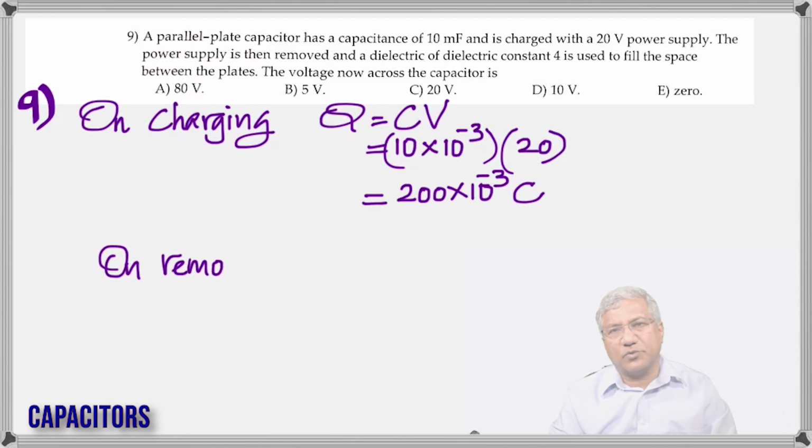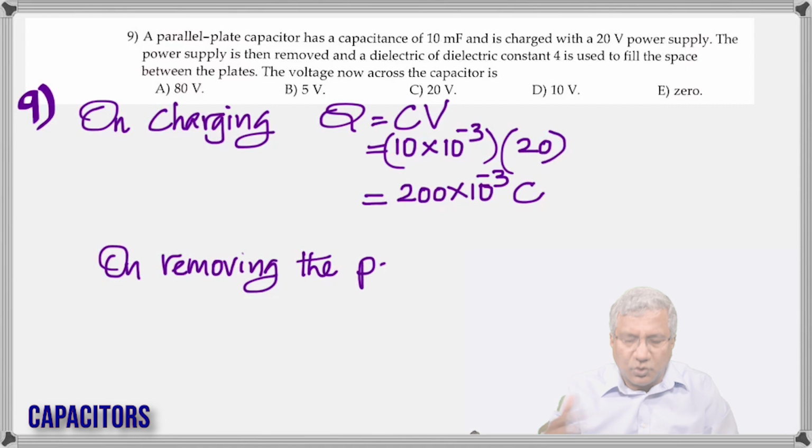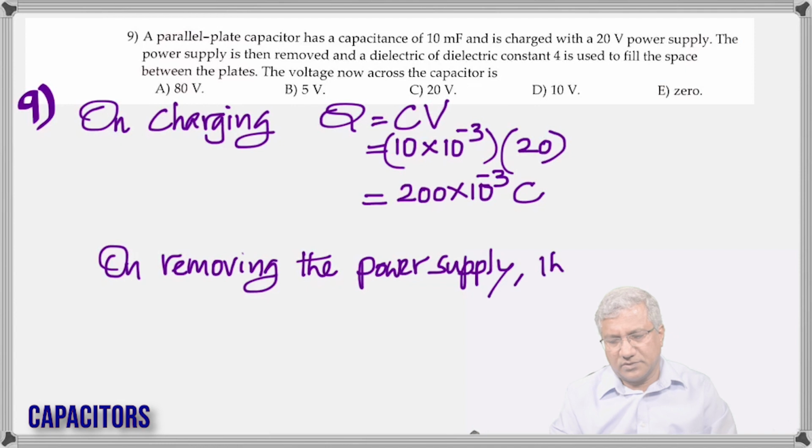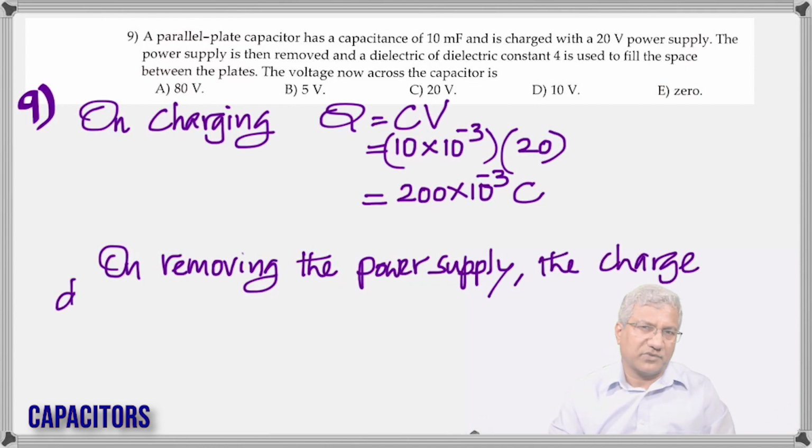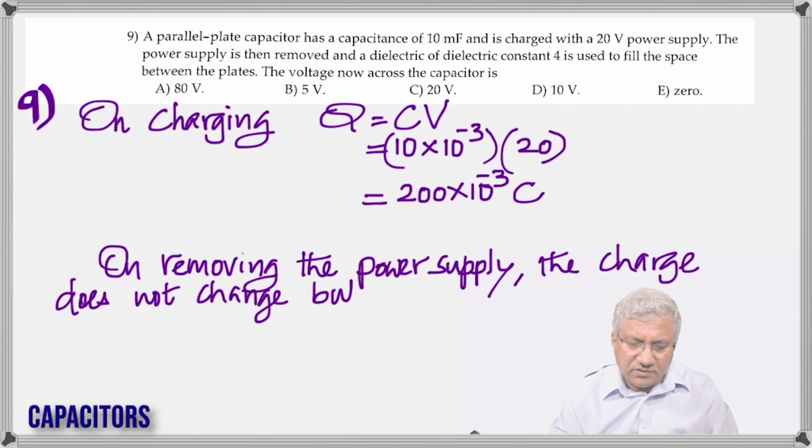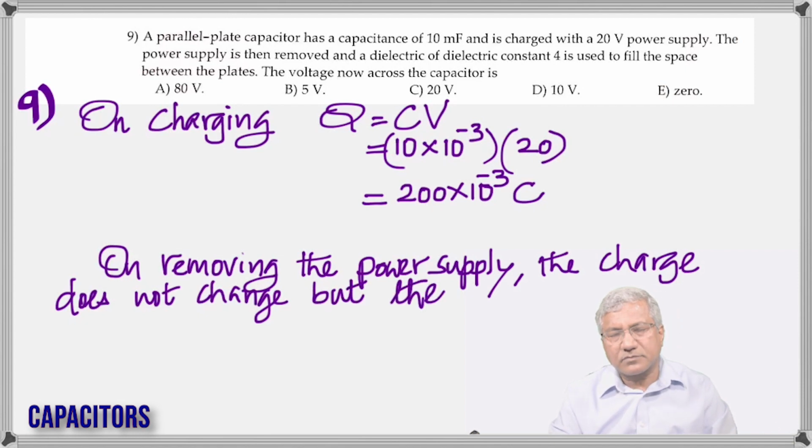And then on removing the power supply or the source, the charge remains constant. In other words, it does not change. So we know the charge, but the capacitance increases.